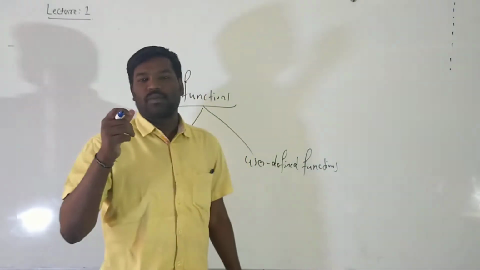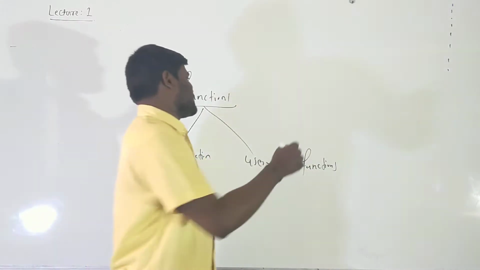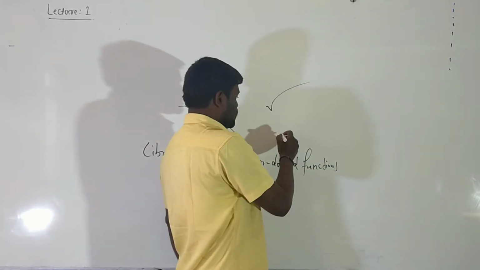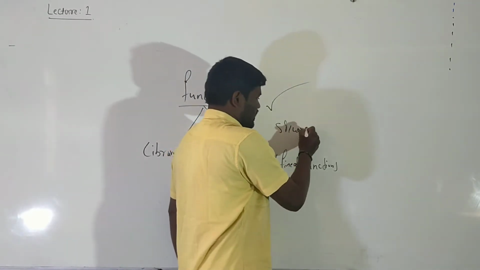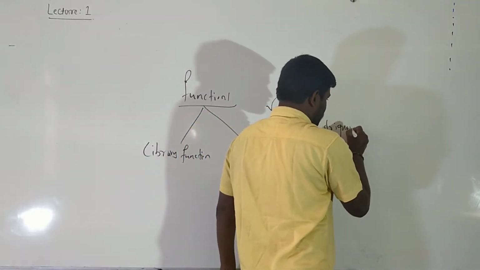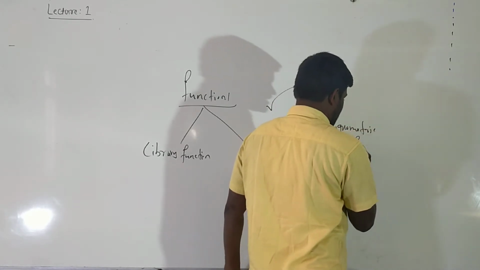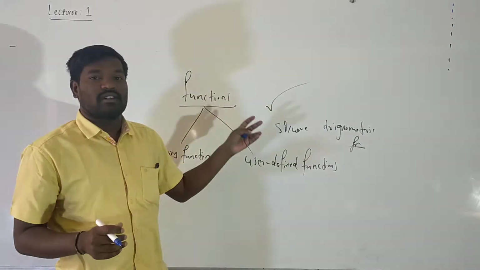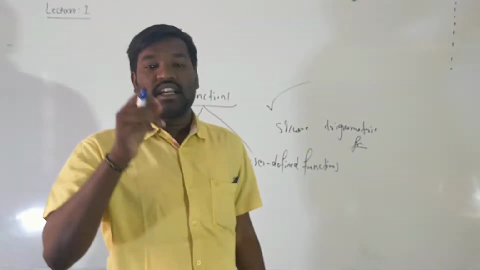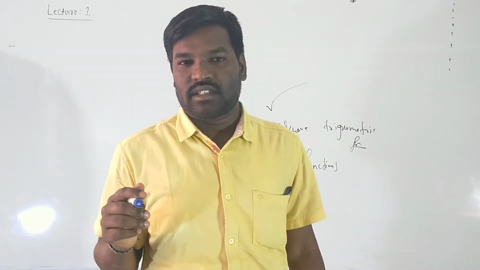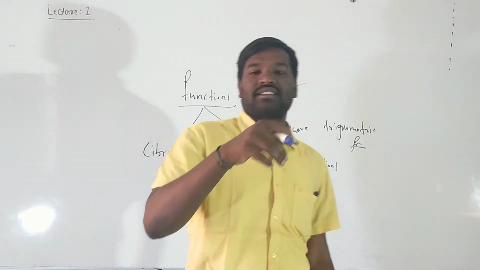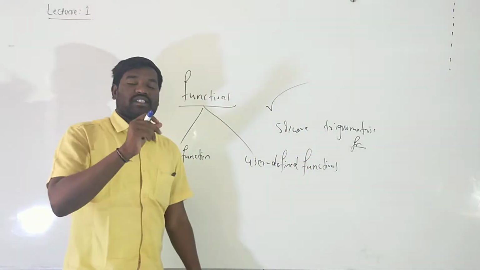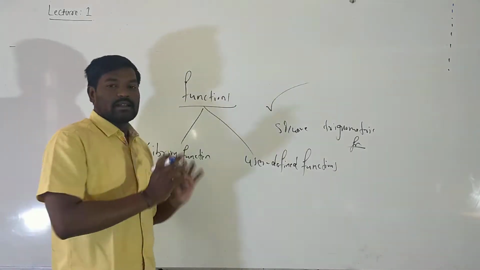For example, if you want to perform mathematical operations like square root, square and trigonometric functions, we have to include the header file math.h. The math.h consists of some inbuilt functions. Those functions are the library functions.